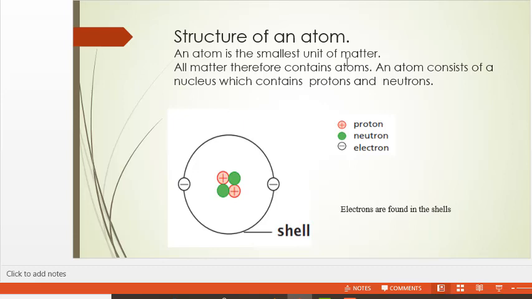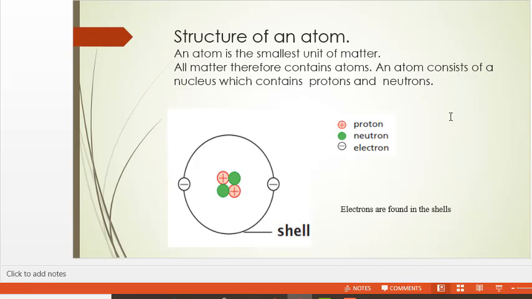So whichever form of matter we may be dealing with, it may be in gaseous form, it may be in solid form, or in liquid form, matter is made up of atoms. So an atom is the smallest unit of matter. Then we know that all matter contain atoms, because we are saying that matter is made up of atoms. So we are saying all matter therefore contains atoms.